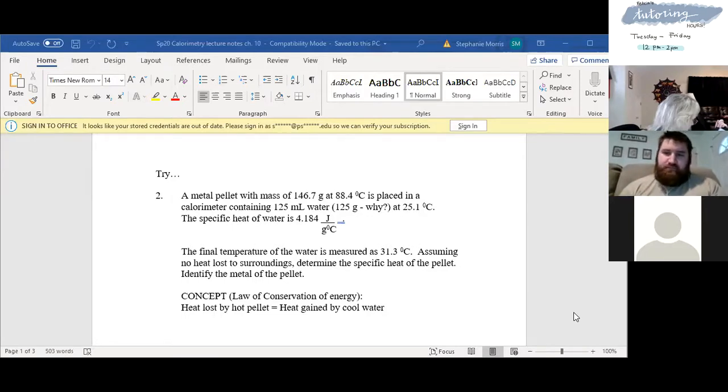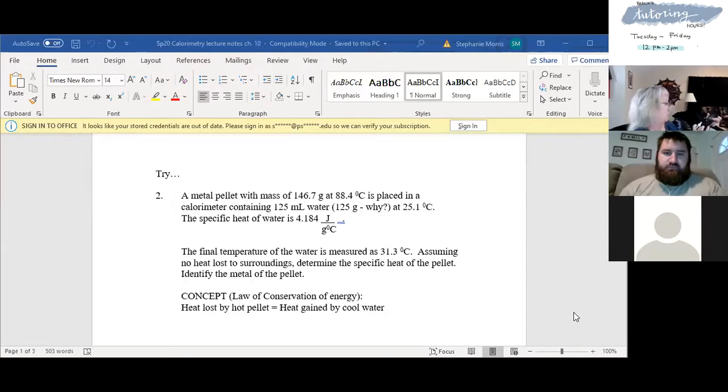I don't know the specific heat. The temperature change, how would I get that temperature change? Somebody tell me, how would I get the temperature change for the pellet? Anybody? Or tell me what number you would get.